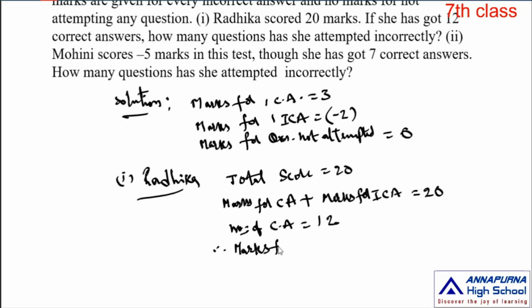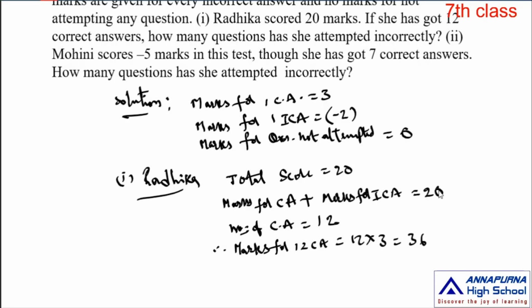Marks for 12 correct answers is equal to 12 into, how many marks are awarded for 1 correct answer? 3. 12 3s are 36. She got 36 marks for 12 correct answers. Therefore here marks for correct answers is 36.